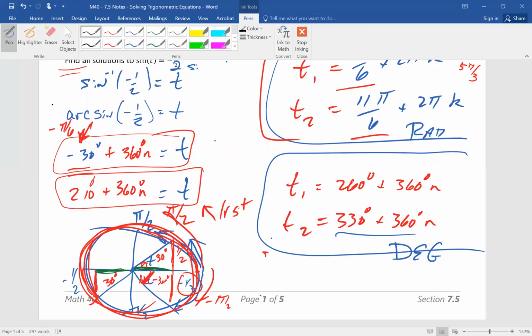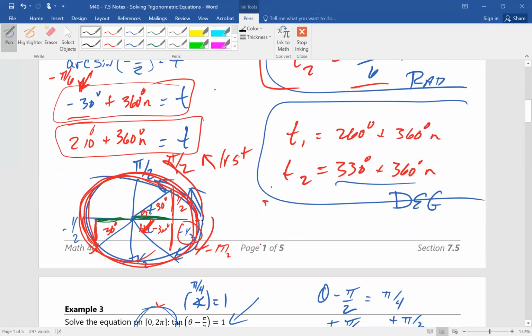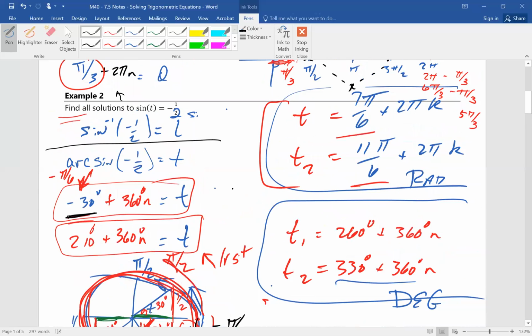But remember, we started out here, where inverse sine of -1/2, and we went down 30 degrees. That's how we got this, or down minus pi over 6. However, that was not and is not the range of answers this time.